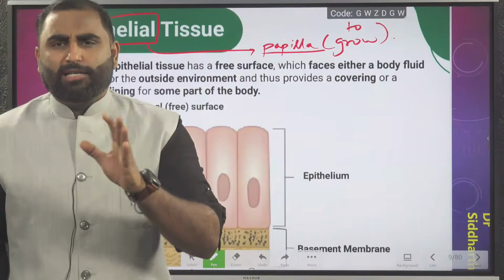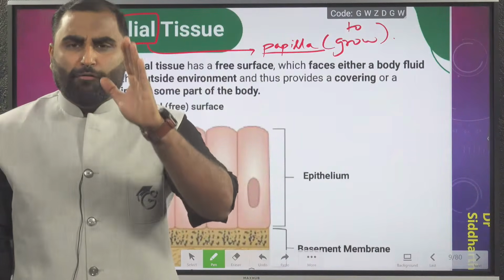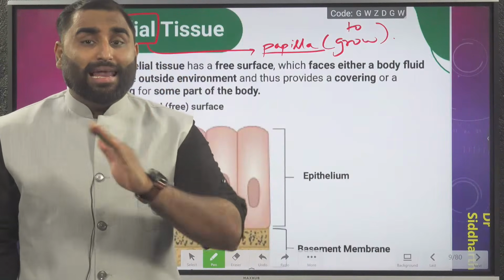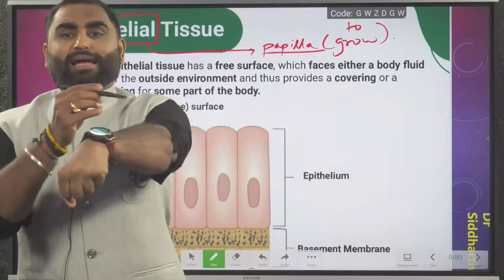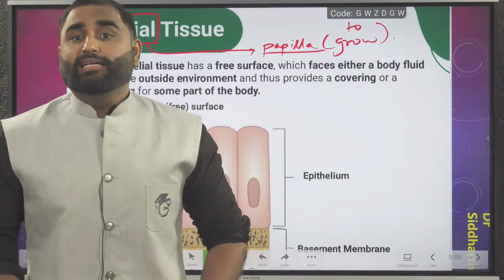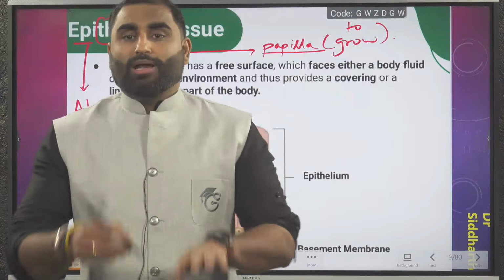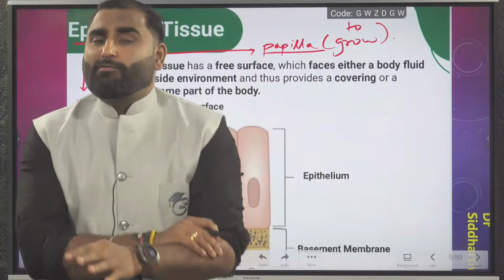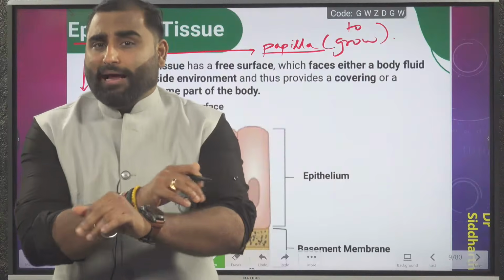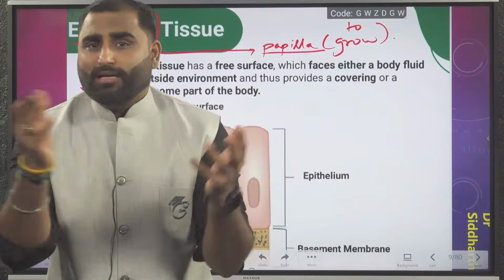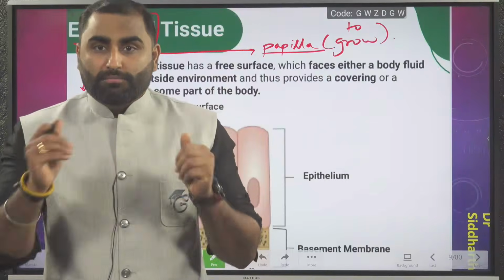So epithelial tissue basically forms the lining of your body. Not only does it line externally, but it also lines internally. For example, you have skin here. Skin is acting like a barrier, a protective barrier, preventing the entry of microbes and other foreign bodies into your tissue.